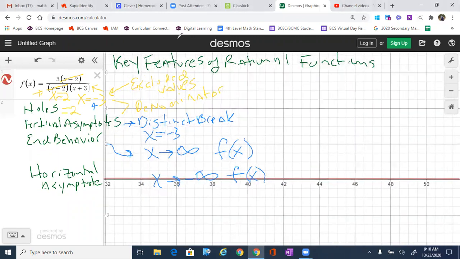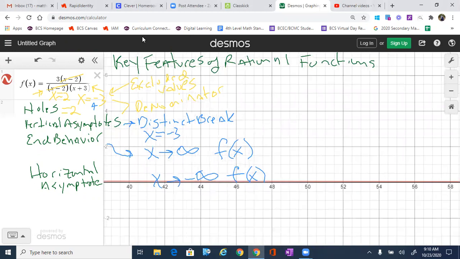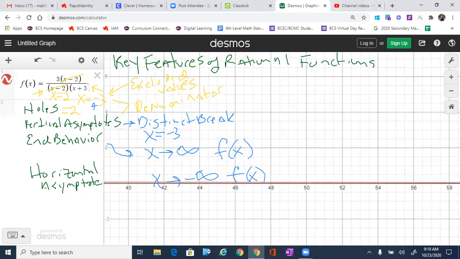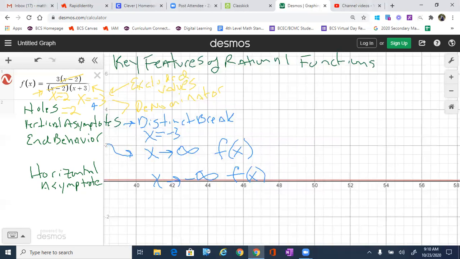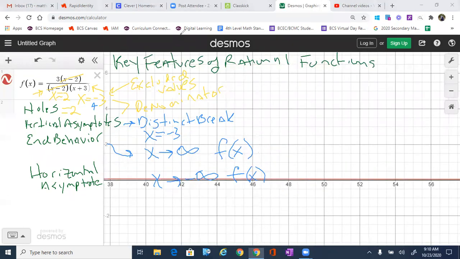That graph is getting lower and lower, but as I trace that graph down, look at the y value. All it is doing is getting closer and closer to a y value of 0. So as we approach infinity, f of x approaches 0.